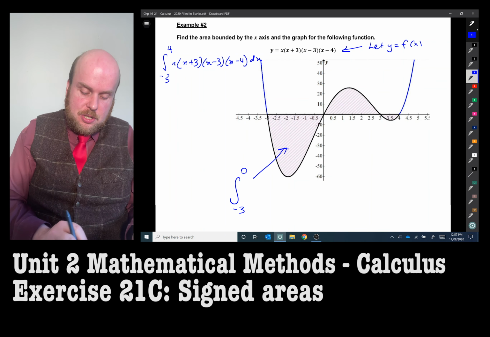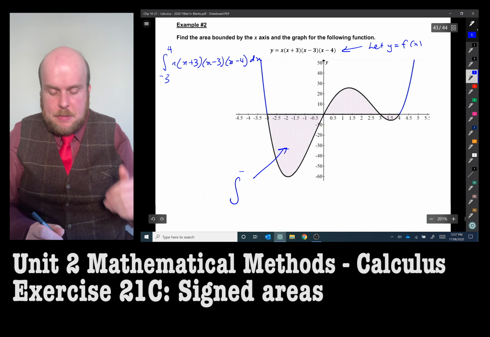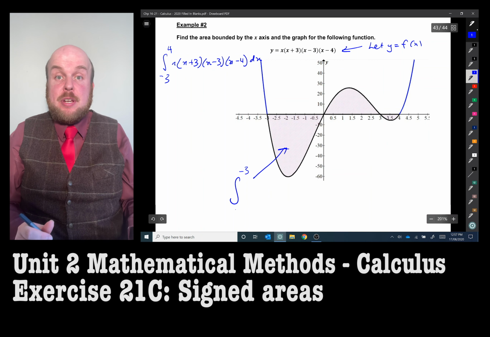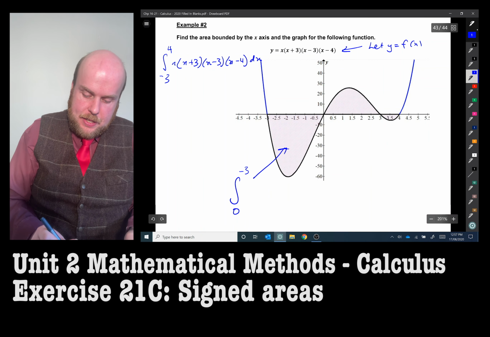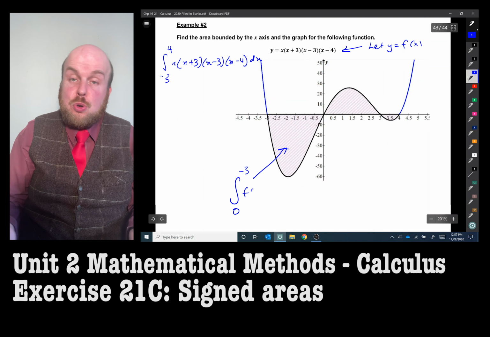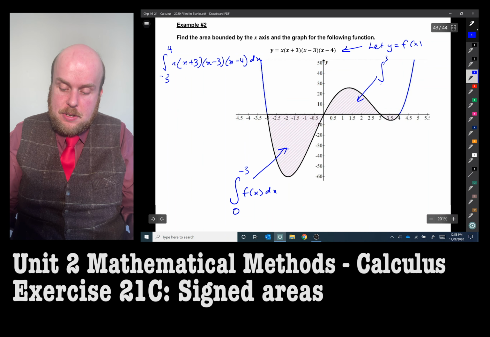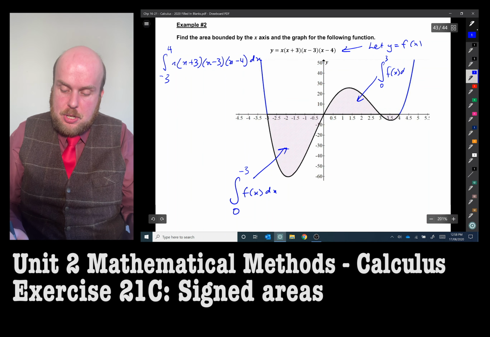So for that section, we can actually swap the terminals around, terminals being the limits, and that will get us a positive answer. And I'll put that as f of x dx. This section is already positive, so we can put 3 and 0, like so. And this section would be negative, so if we flip the terminals over, make that 3 and 4.